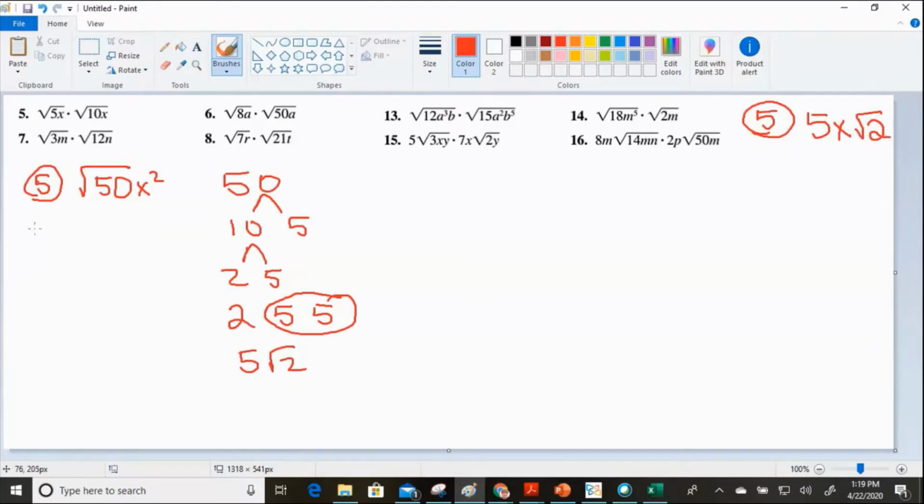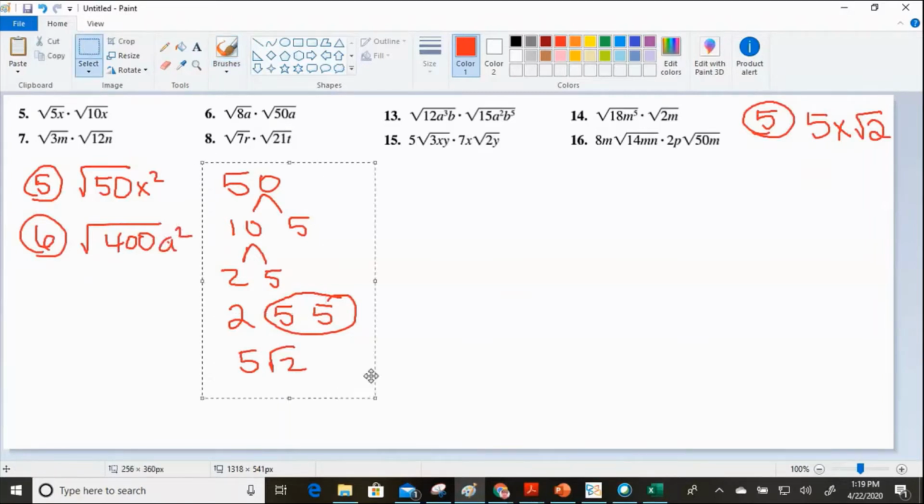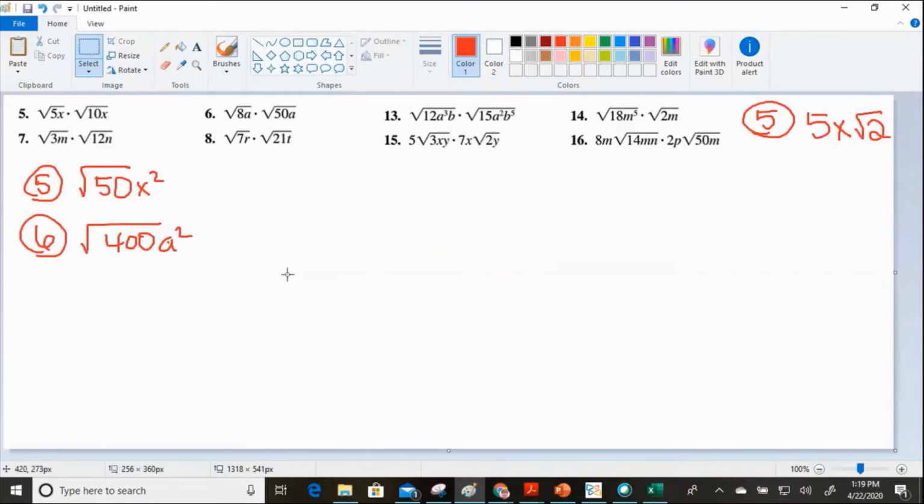All right, number 6. If I multiply 8 times 50, I'm going to get 400. And then if I do a times a, I get a squared. Let me move my factor tree from before. Okay, so then I have to see if 400 will split.